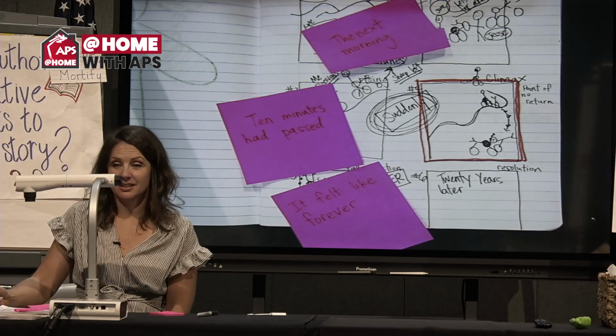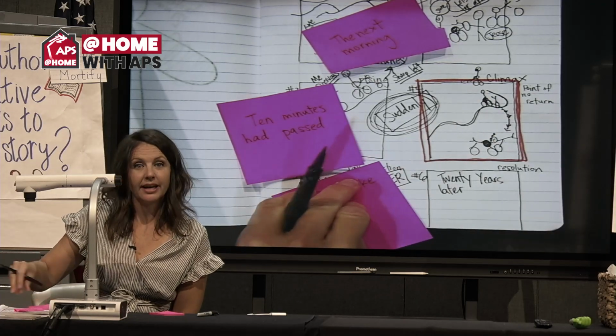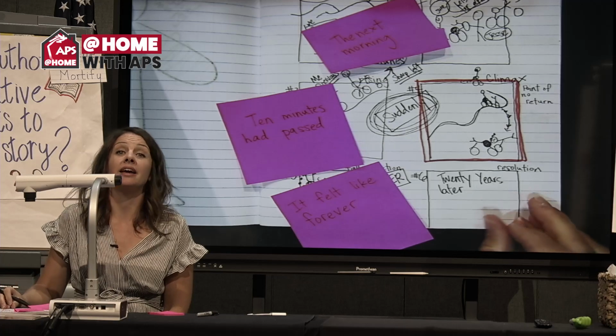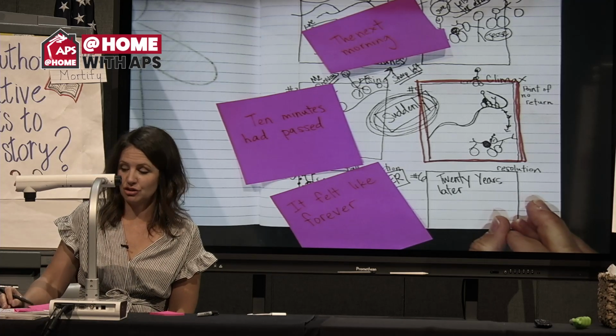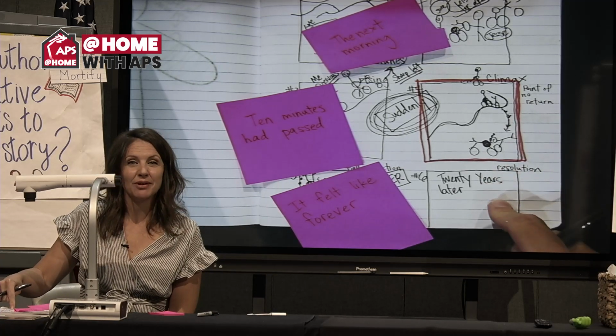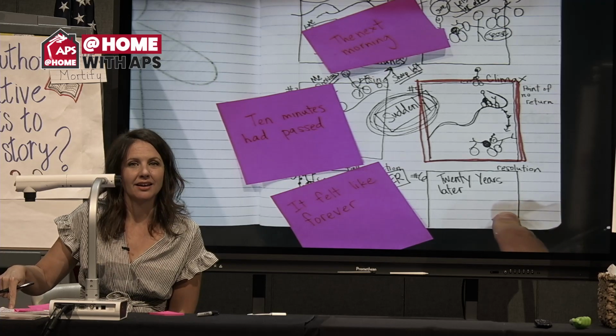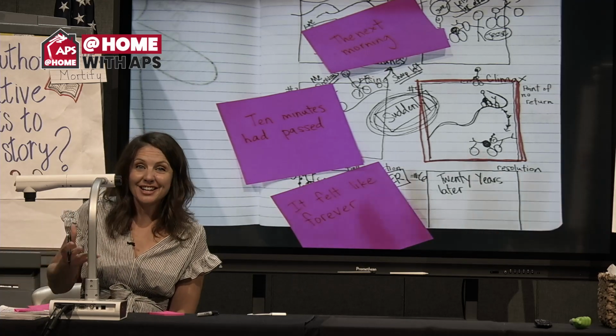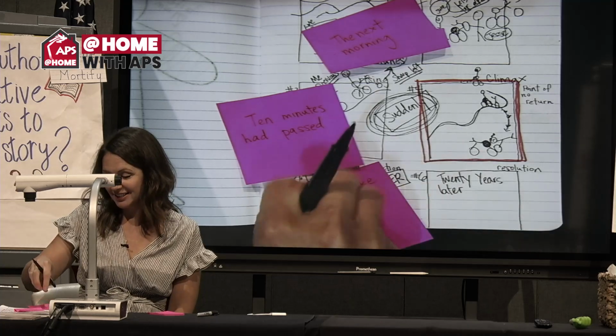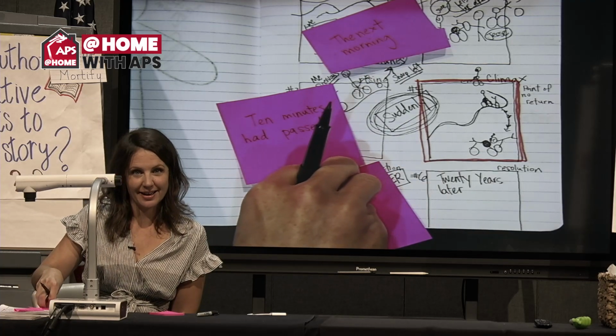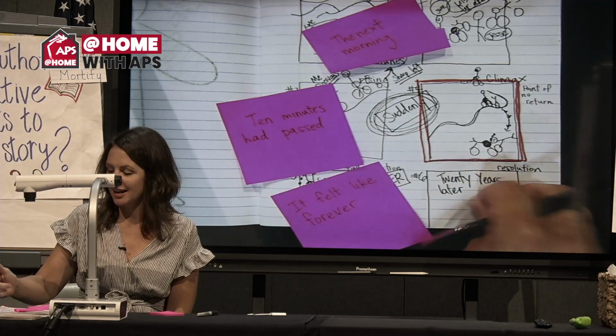Now, lastly, between scene 5 and scene 6, a lot of time has changed because scene 6, my resolution, is today. 20 years had passed between when I had my accident and today.